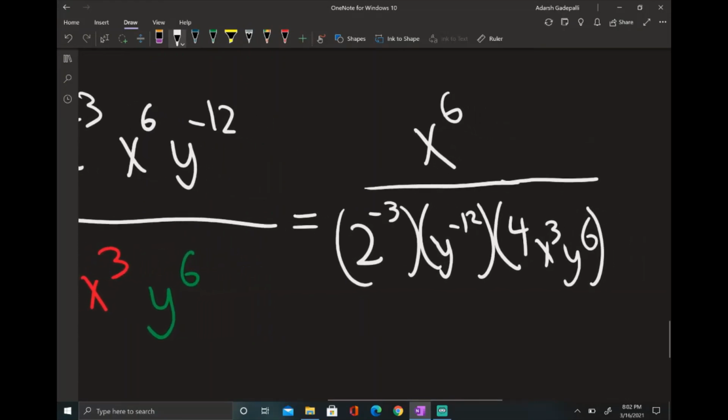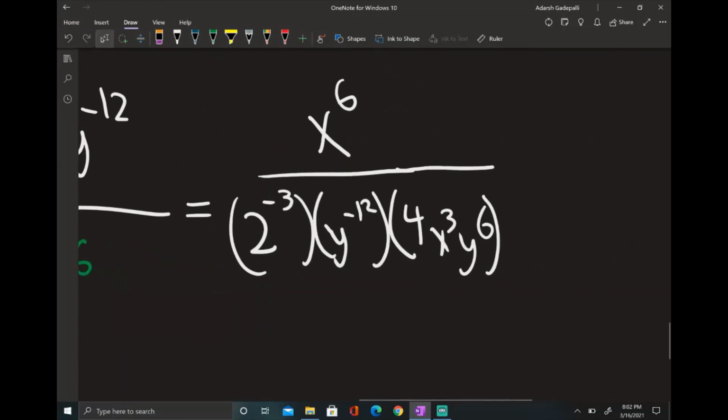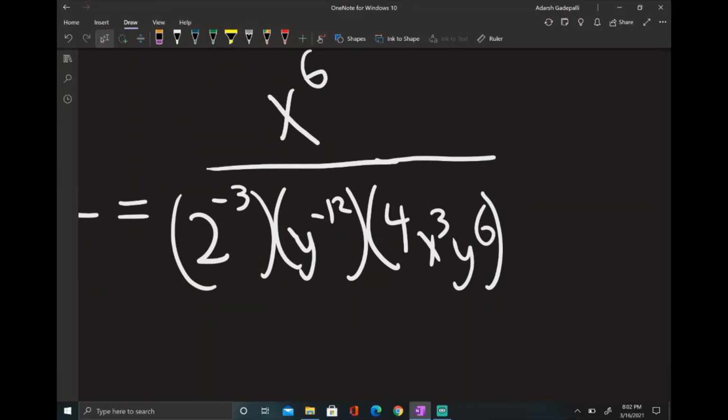And when you put them in the denominator, it should be positive. So this should be 2 cubed and then y to the 12. So 2 cubed, you can just make that 8.